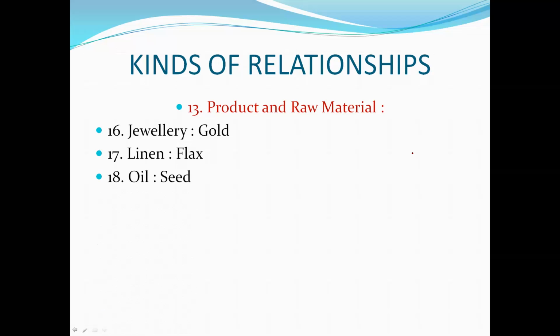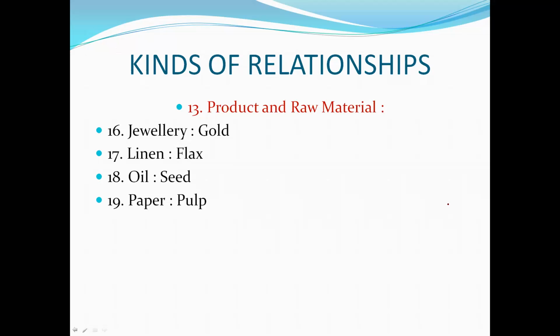Again, oil is extracted from seeds. Paper is made from pulp. Here you have to understand that when paper is made, pulp is used, and pulp is obtained from trees. Sometimes you may get confused, or there might be a question based on this.